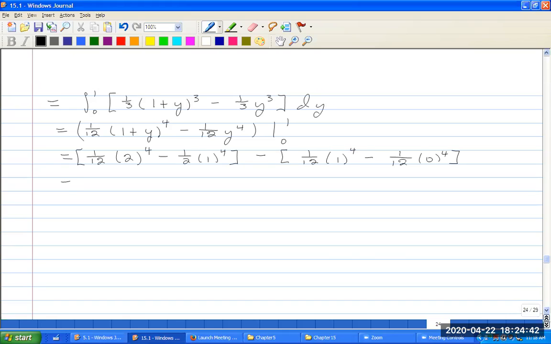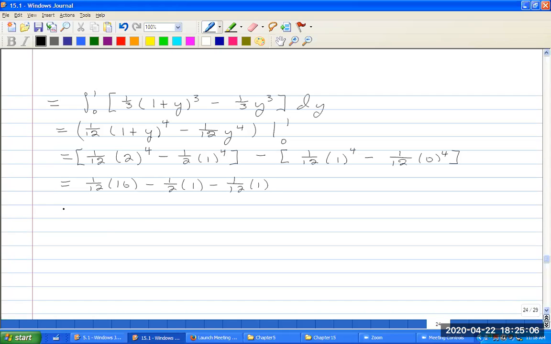So let's evaluate this. 2 to the 4th is 16. One to the 4th is 1. Minus 1 to the 4th is 1.